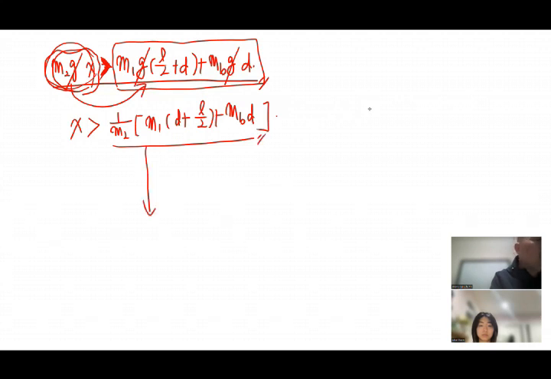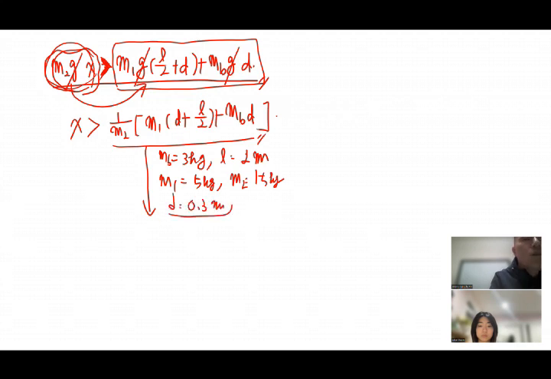Looking at the problem, M_B is 3 kilograms, L is 1 meter, M1 is 5 kilograms, M2 is 15 kilograms, and D is 0.3 meter.